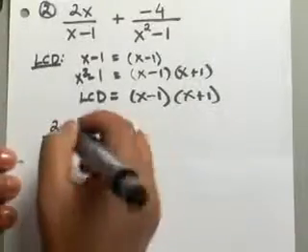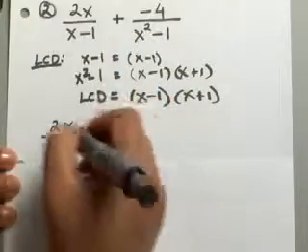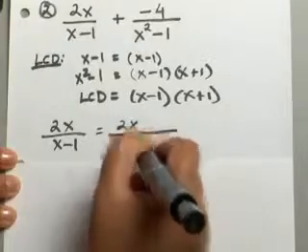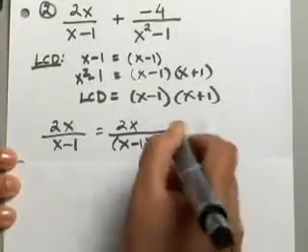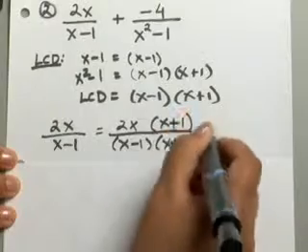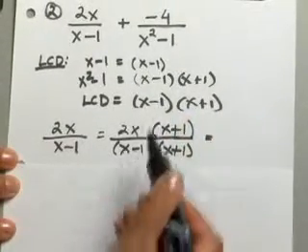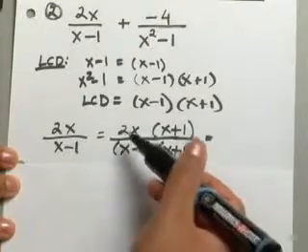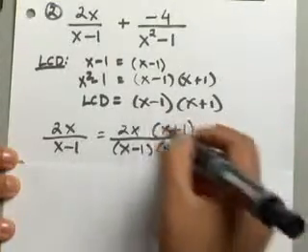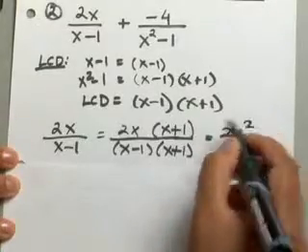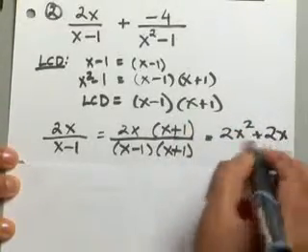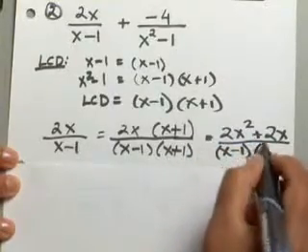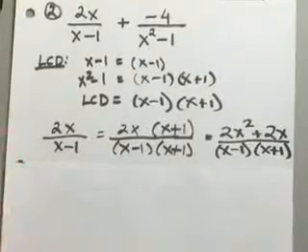So that tells us we need to multiply our expression here with x plus 1 so that your denominator will now look like your least common denominator. If you go ahead and multiply your numerator, you should end up with 2x squared plus 2x over this common denominator, x minus 1, x plus 1.